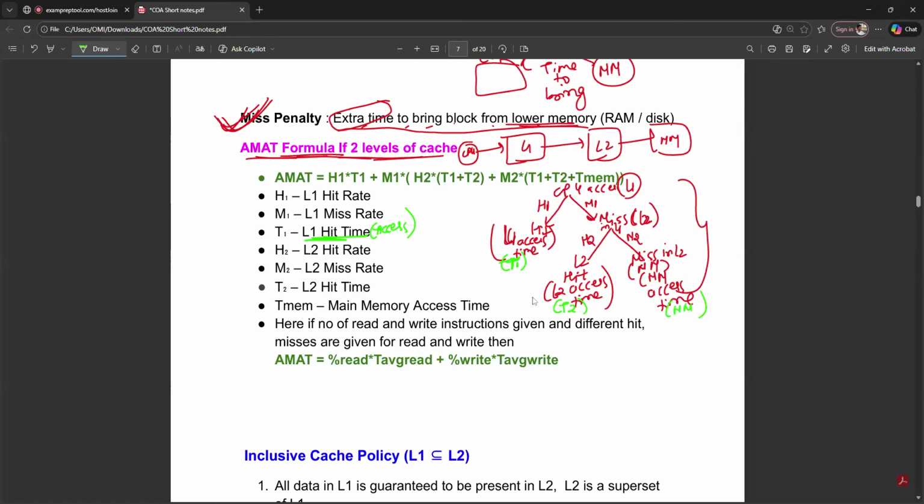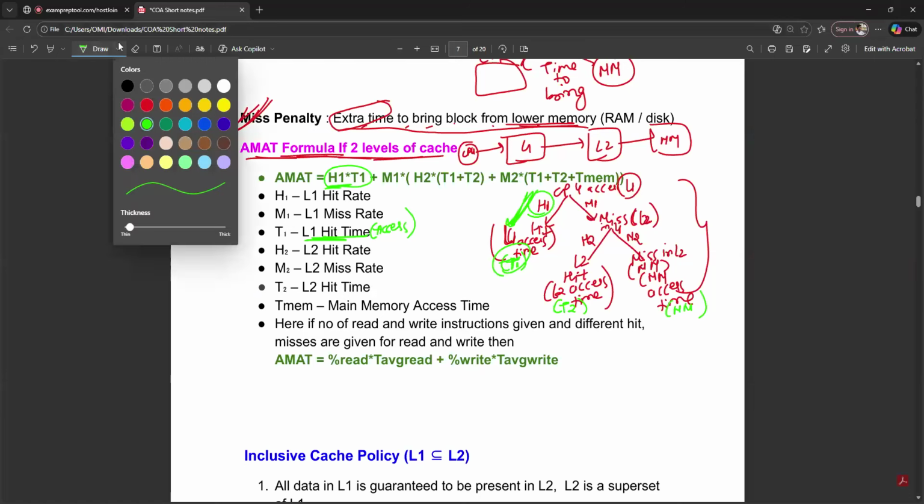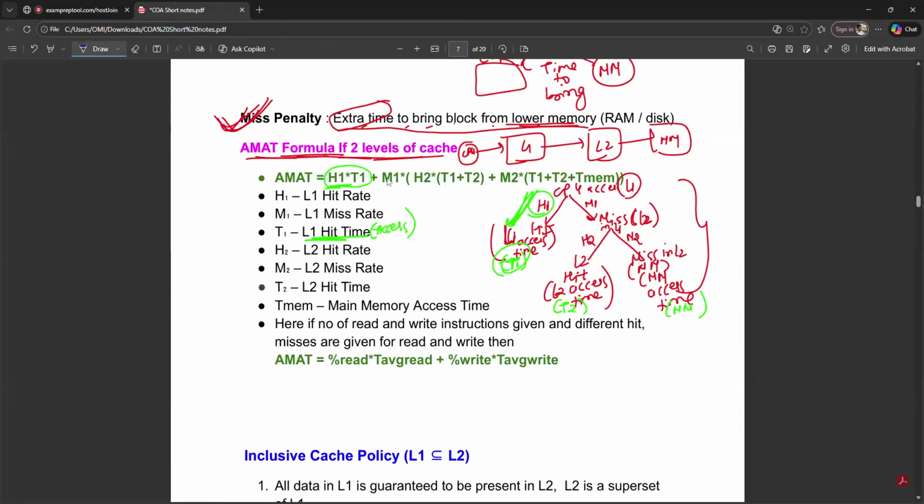Now what is the average memory access time? H1 into T1, because hit rate into hit time. What if it is a miss? Then M1 into how much?